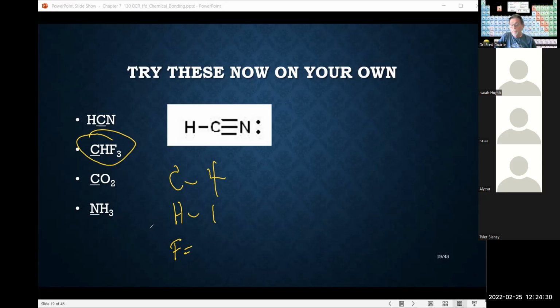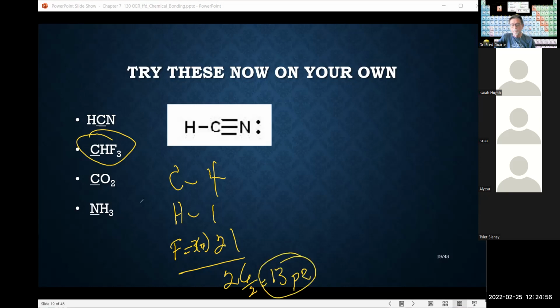And there's 3 of them, so 3 times 7, we got 21. So we have a total of 26 valence electrons. These valence electrons are the ones that are going to give the shape and the geometry of the molecule. So we got 26, or 13 pairs, to work with.